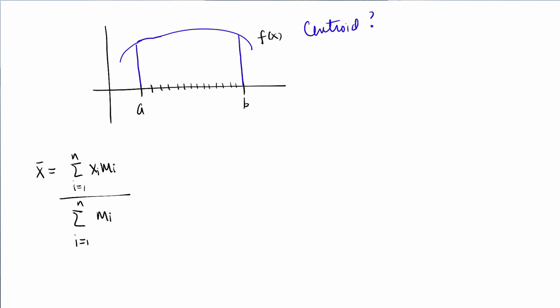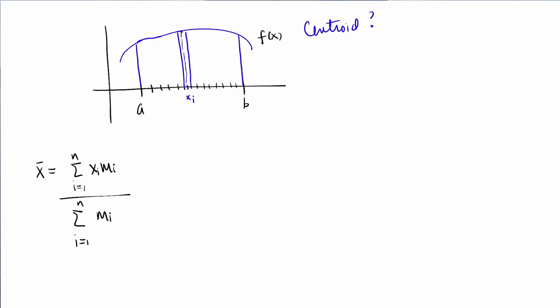So say now that I take here the ith subinterval. If I take the midpoint, this is xi, and I'm going to approximate it with my midpoint, up to here.